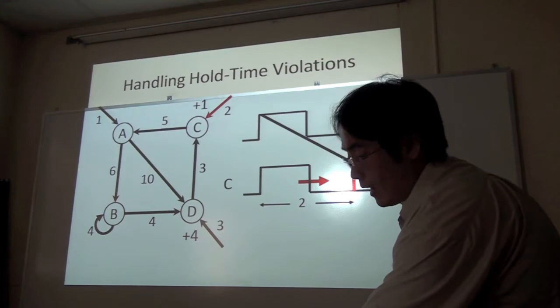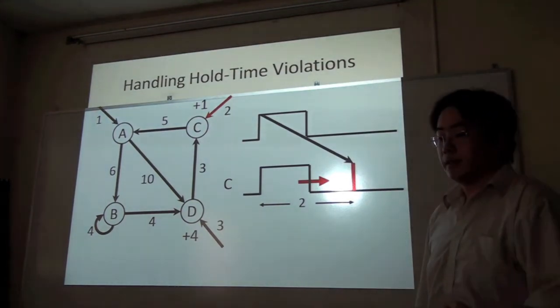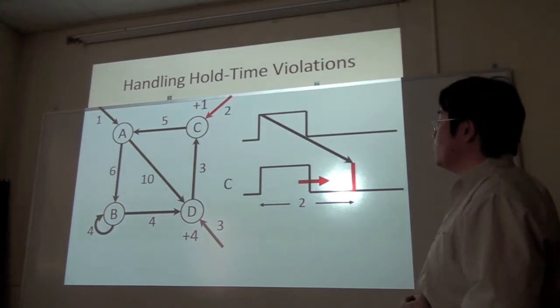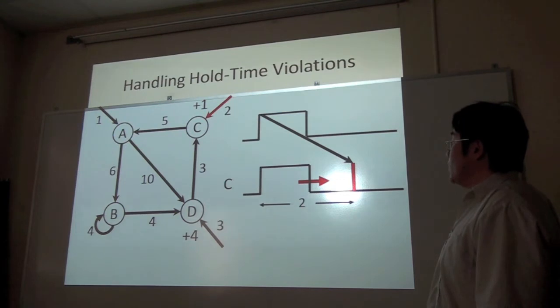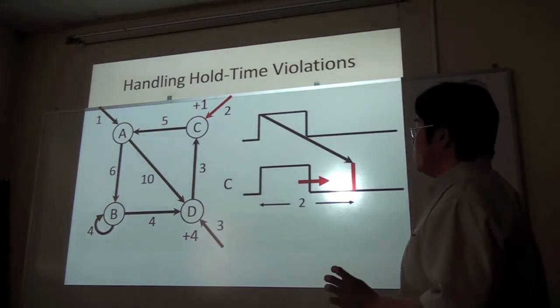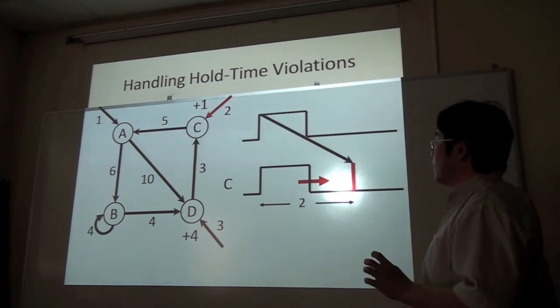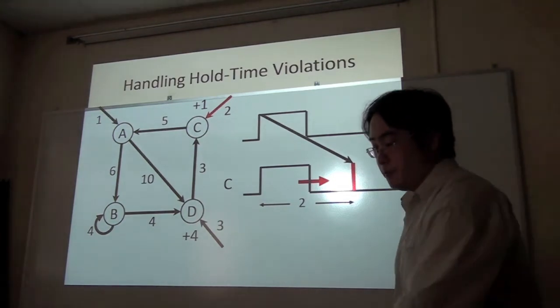So there's a second case that I want to go over. Suppose we had a signal terminating at C that takes 2 nanoseconds or 2 time units. The right is, again, the timing diagram, and we can say that we can use up to 2 nanoseconds of time borrowing for C before we get a timing violation.